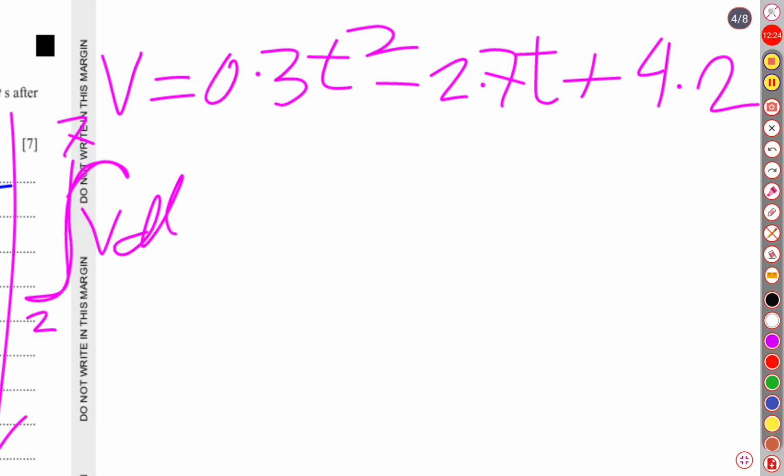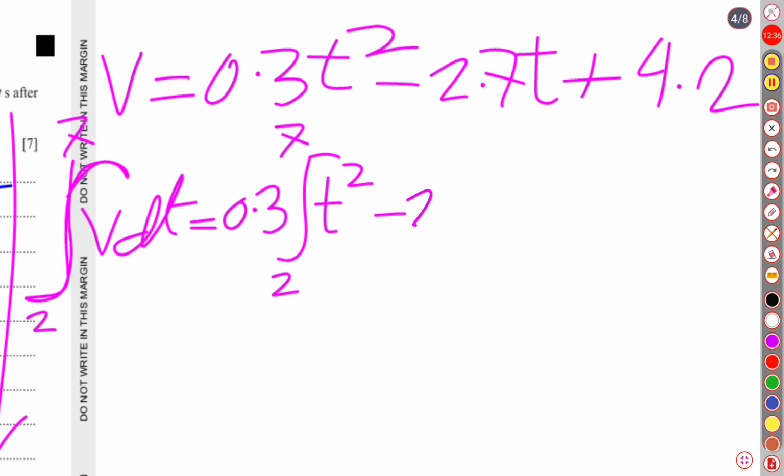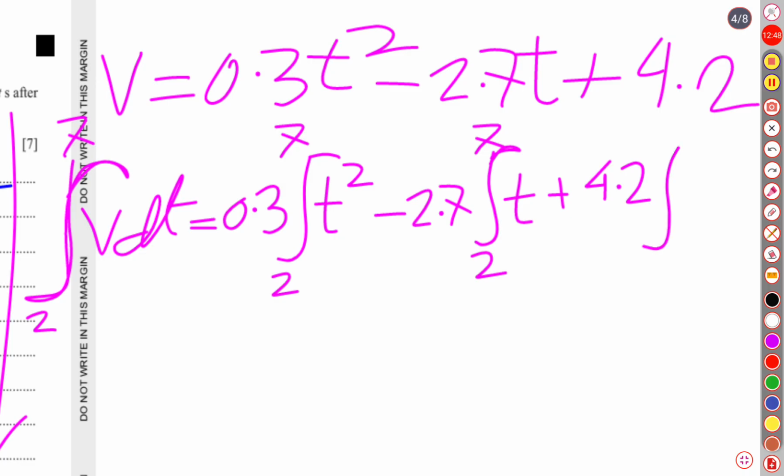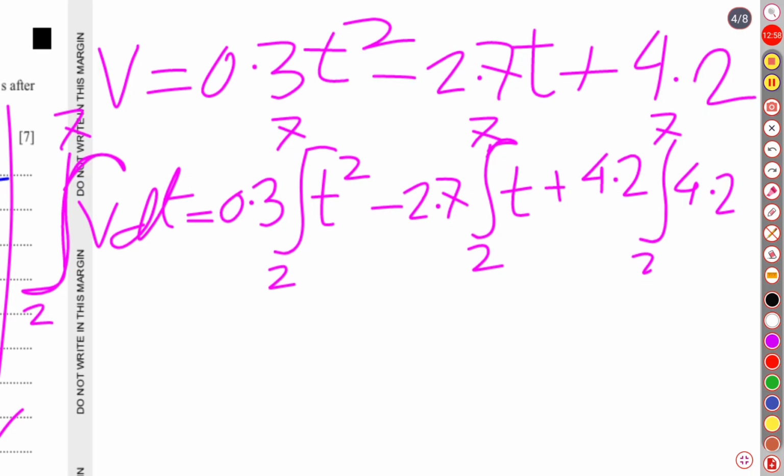The integral of v dt is equal to 0.3 times the integral from 2 to 7 of t squared, minus 2.7 times the integral from 2 to 7 of t, plus 4.2 times the integral from 2 to 7, and we write the derivative in terms of dt.